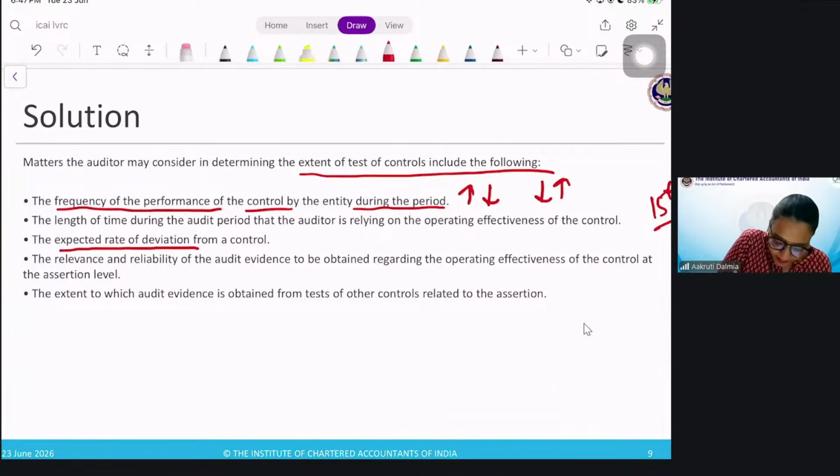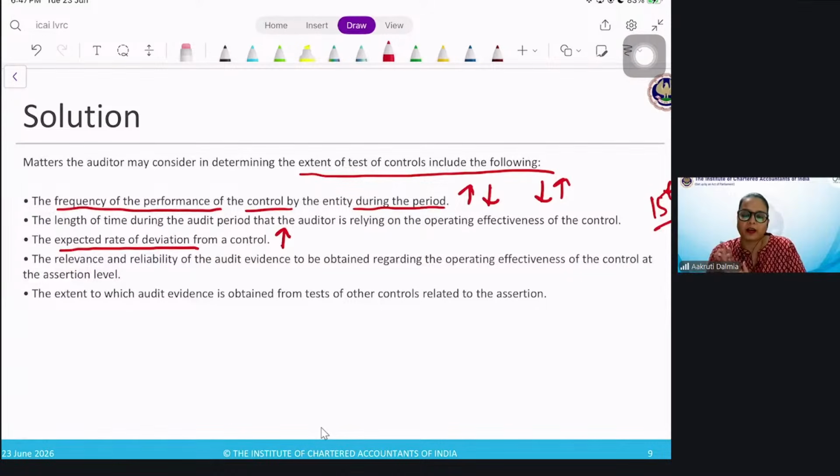Expected rate of deviation. Tell me, if expected rate of deviation is high, will I check more or less? If the expected rate of deviation in control system is more, will I check more or will I check less? Quickly, very easy question. Sumedh has replied.